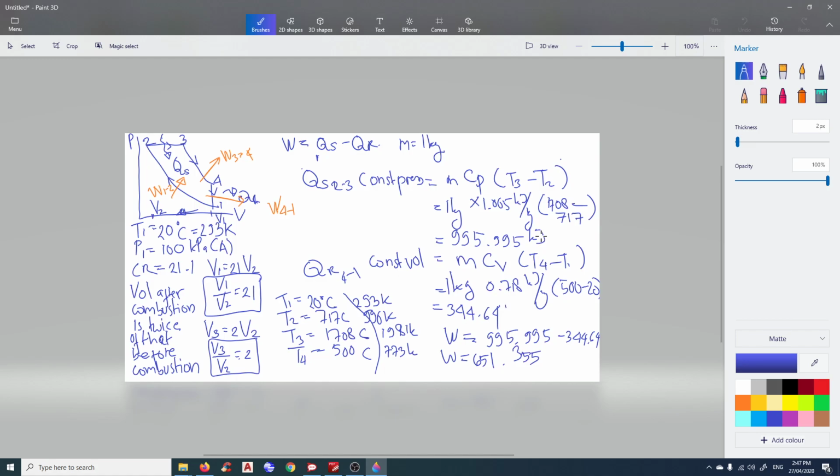The unit is kilojoule. Remember, kilojoule, kilogram and kilogram cancel, and Kelvin and Kelvin cancel. So the unit is kilojoule.